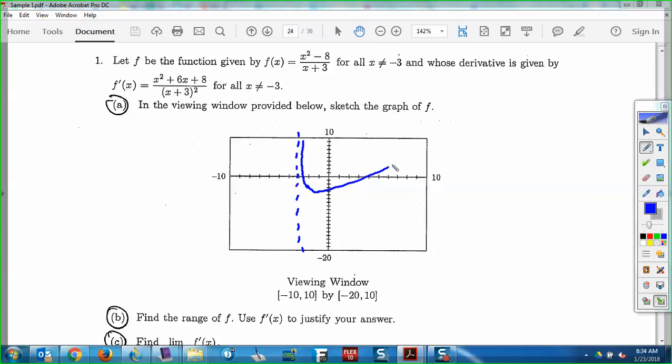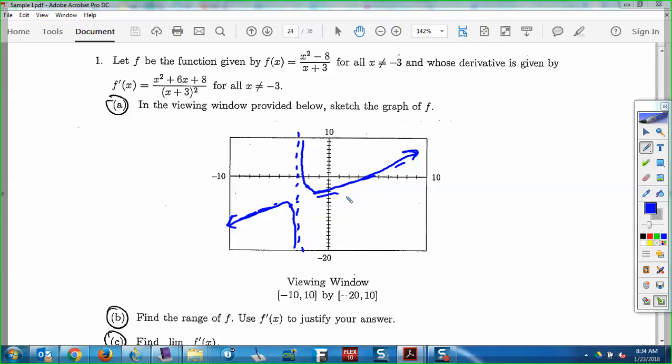That's why the derivative is going to be useful. There actually is a slant asymptote that goes right through here. So why are they saying use f prime?